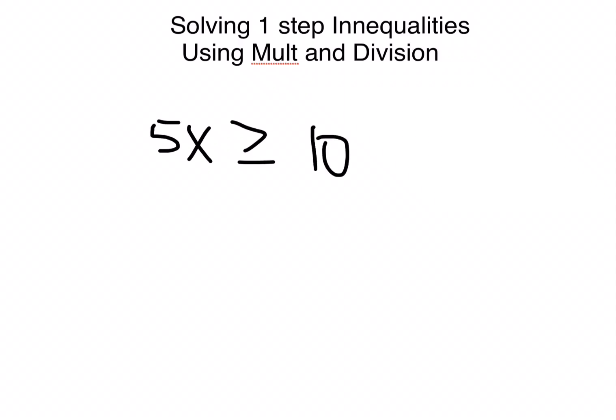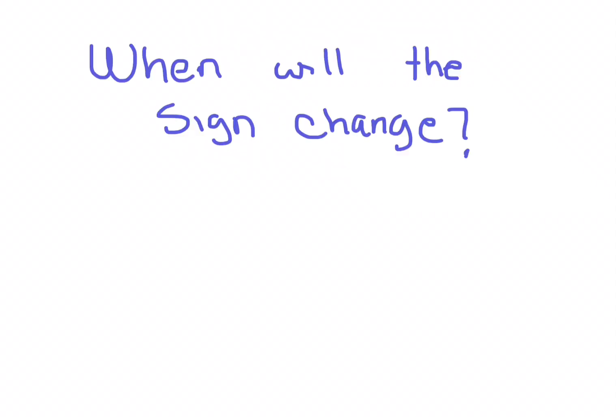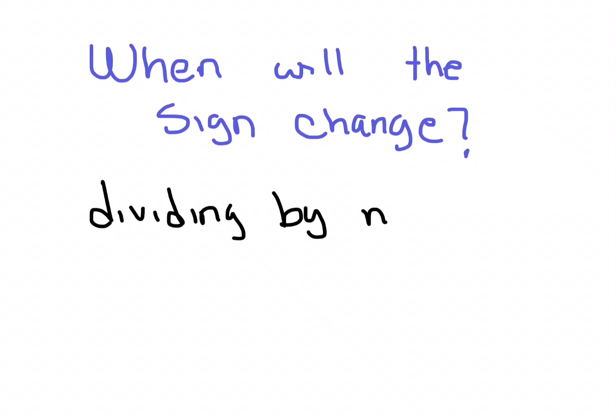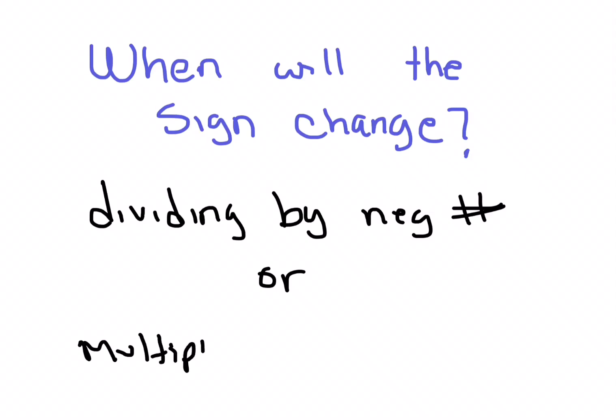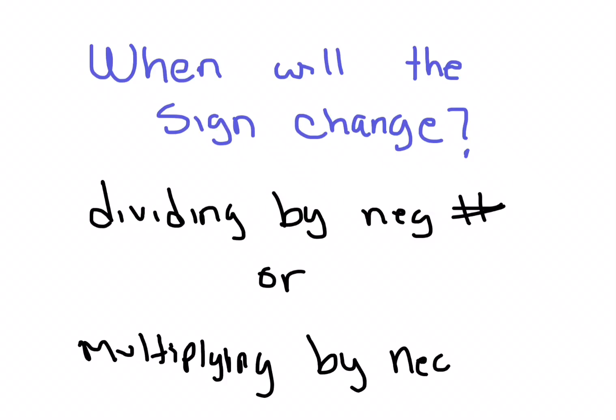When dealing with inequalities, what's important is when to change the sign. That's important. When will we change the sign? The sign will change when we are either dividing by a negative number, or when we're multiplying by a negative number.